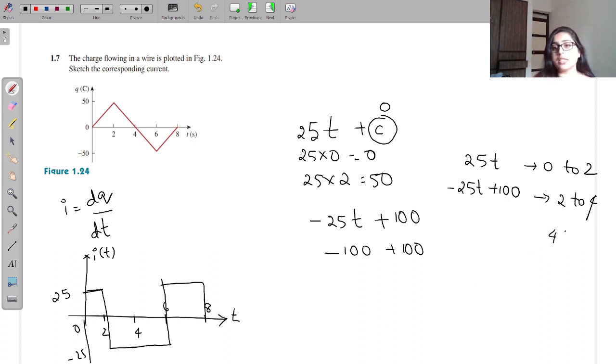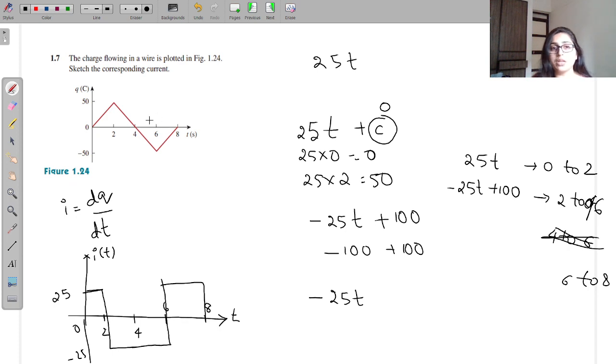Again from 4 to 6, okay, 4 to 6, what it is, minus 25t plus 100 only. And what is the value? If I substitute 4, so once again this is the same value. So can I consider it as 2 to 6 instead of 2 to 4? I can consider it, so 2 to 6. Now from 6 to 8, this is increasing, so its slope is 25t.